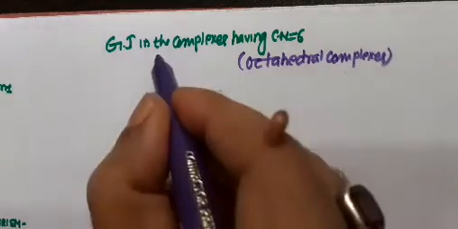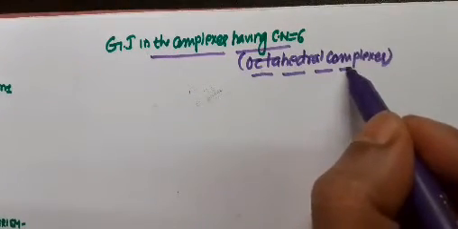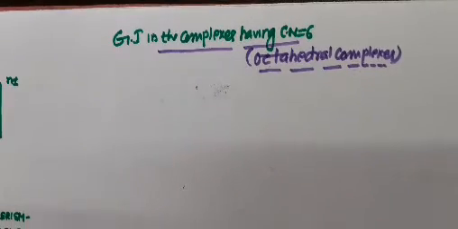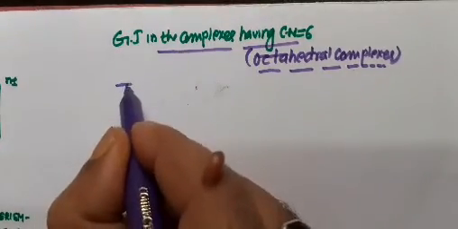Two major types of geometrical isomerism in octahedral complexes are as follows.